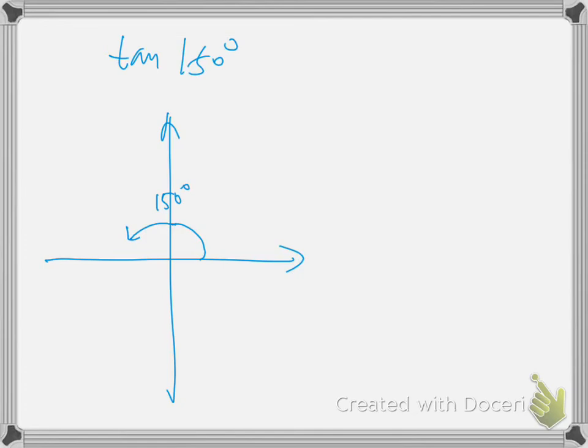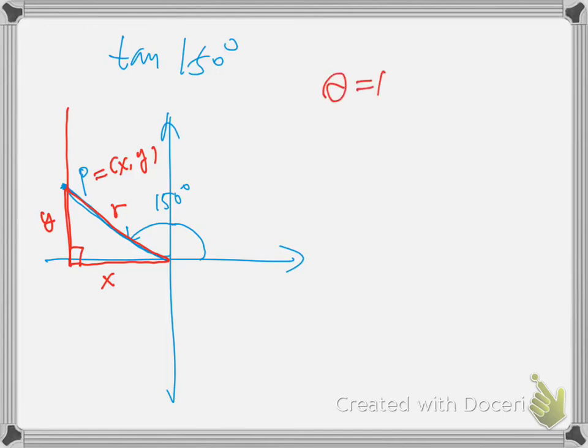Then we draw the terminal side for 150, and this is our point P. A vertical line makes our right triangle here. P is x comma y, so here is y, x, and r. Now we know the angle is 150.